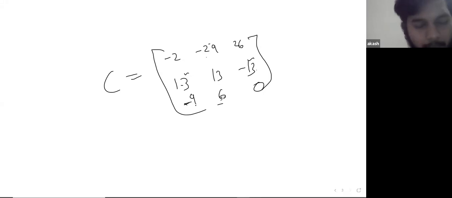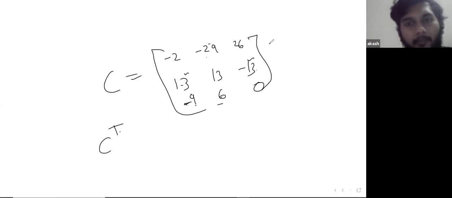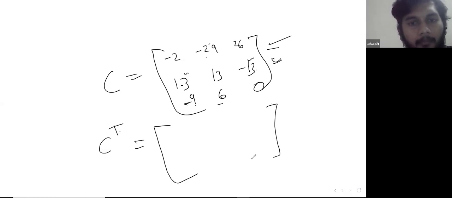Okay. Now calculate the transpose of the cofactor matrix. Just transpose this matrix. We just learned how to calculate the transpose of a matrix, right? So this will be -2, -29, 26, 13.